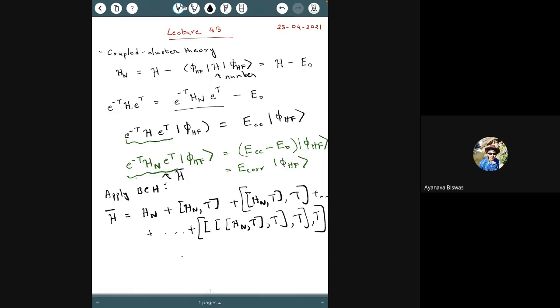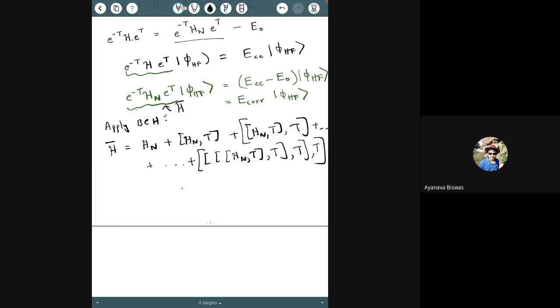That is the last term in this expansion as well. So our task is now to evaluate every commutator. We just have to keep doing that systematically.